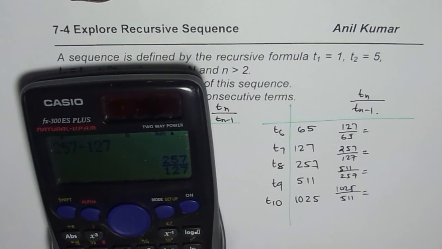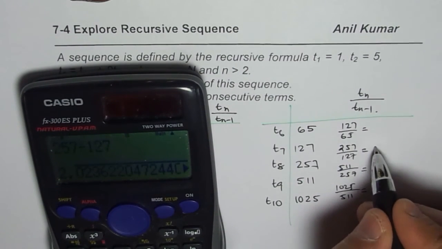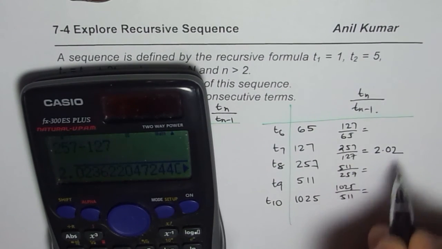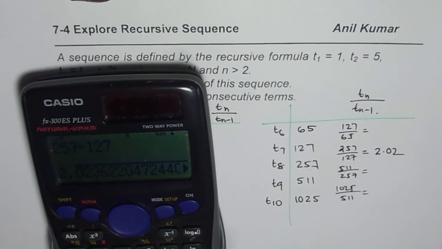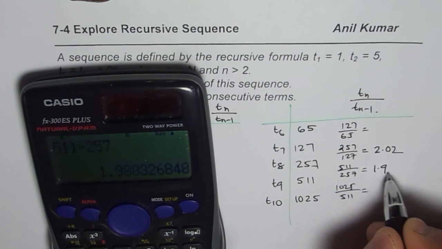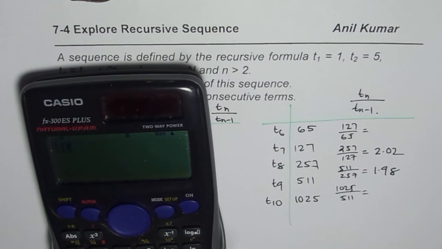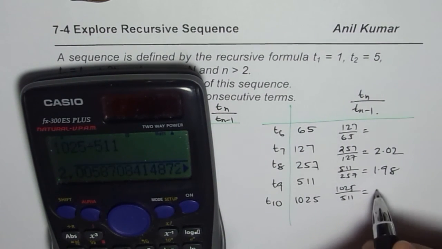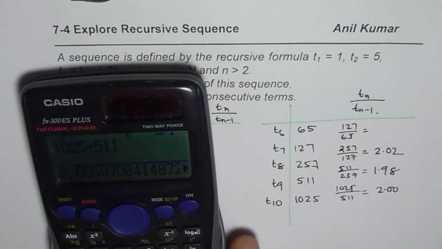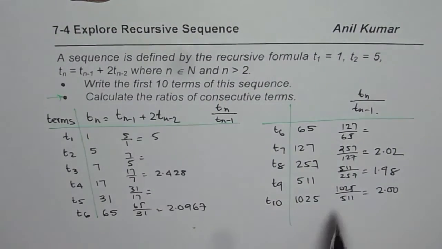The idea is we have to check what they are approaching, right? So in this case they seem to approach 2, right? 511 divided by 257. In decimals it is 1.98, and then we have 1025 divided by 511, which gives us approximately 2, right?